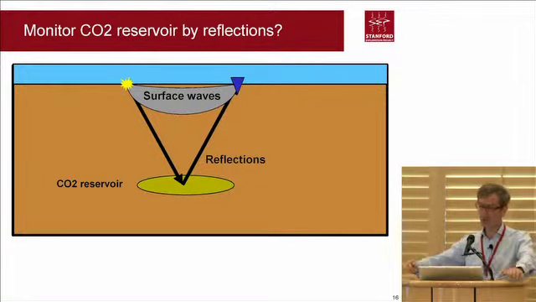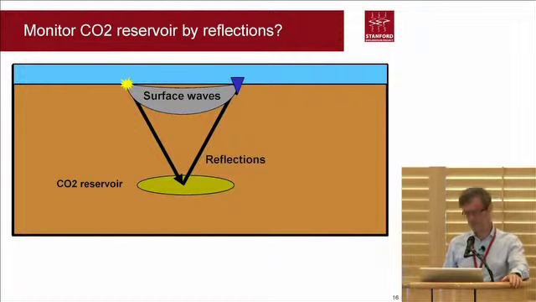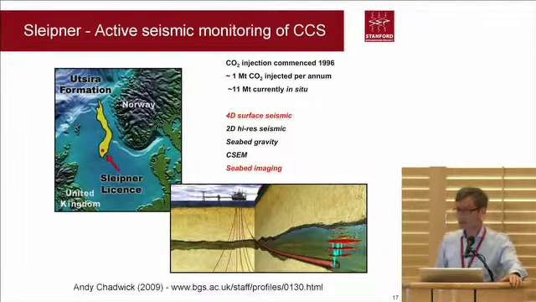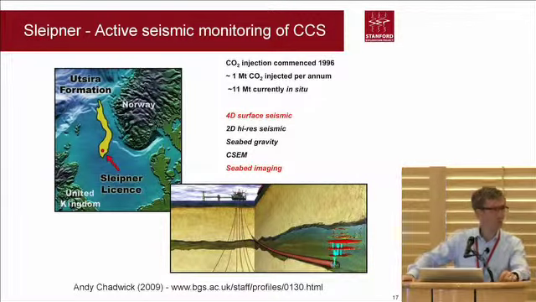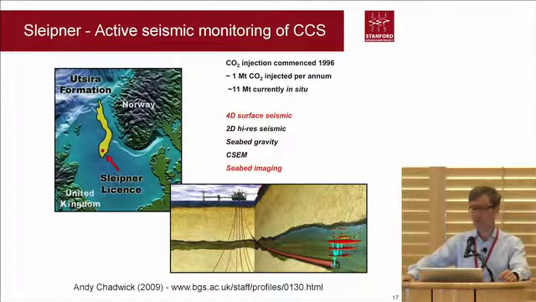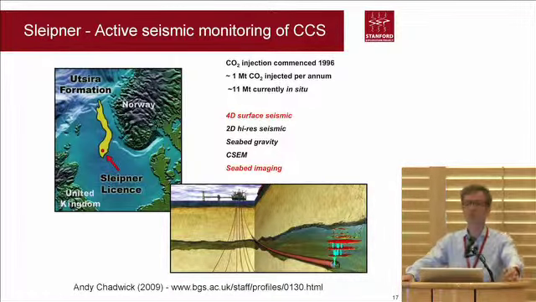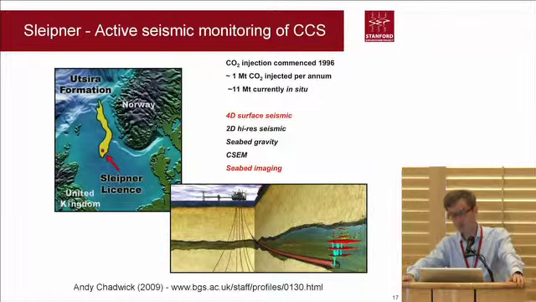Can we monitor a CO2 reservoir by reflections? That would be ideal because we know that actually we can. The probably best known example is monitoring the Sleipner CO2 sequestration, which is a fairly large scale sequestration, 1 megaton of CO2 a year in the North Sea.